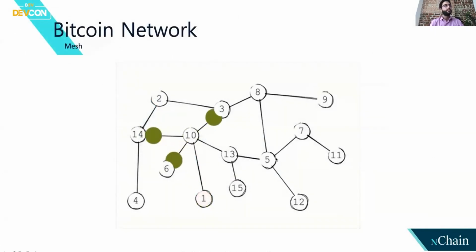So in the past, everyone used to basically model the Bitcoin network as a mesh. So these are the nodes on the mesh, and then one of the nodes would send a transaction or a block, and then it would propagate to the rest of the network in a mesh structure, the way you can see in this GIF.